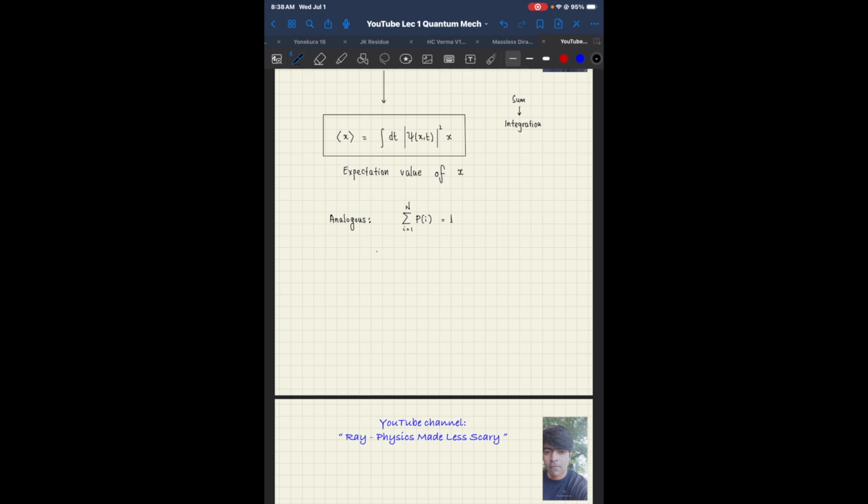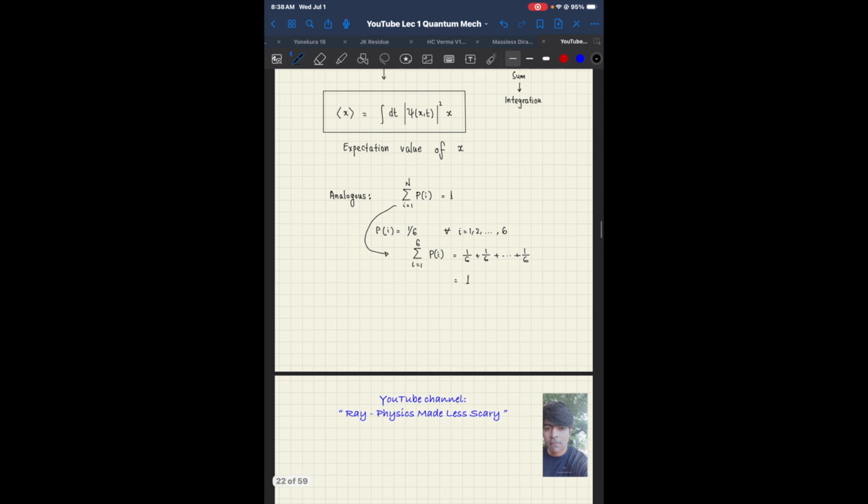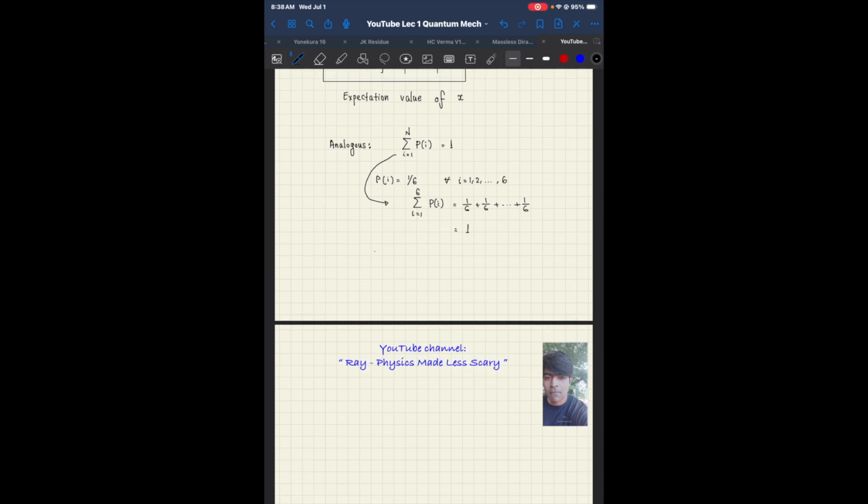And we have seen this because we have seen pi, in the previous case we discussed, for i equal to 1, 2, up to 6. So this certainly holds, right? Because this summation of pi up to 6 is equal to 1/6 plus 1/6 plus 1/6, 6 times, which is equal to 1. The analogous equation in quantum mechanics is exactly the same.